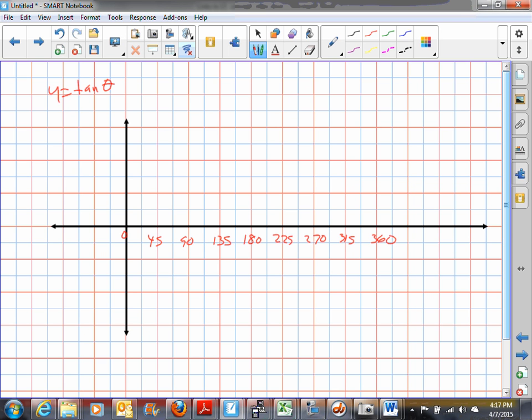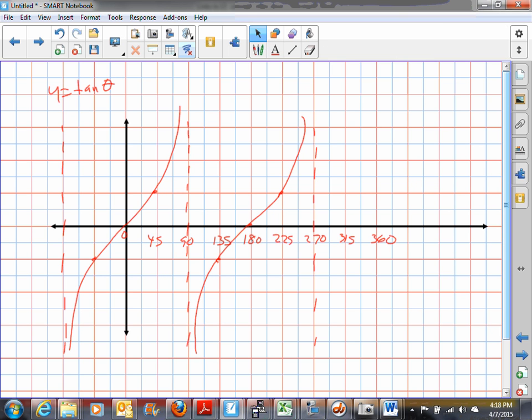Now the tangent graph had asymptotes at 90, -90 of course, and 270, and it looked like this. Now let's go ahead and make that dotted.